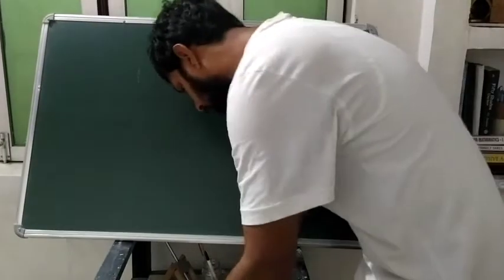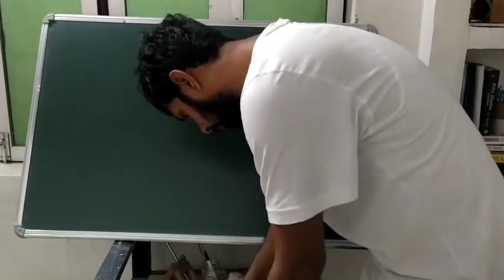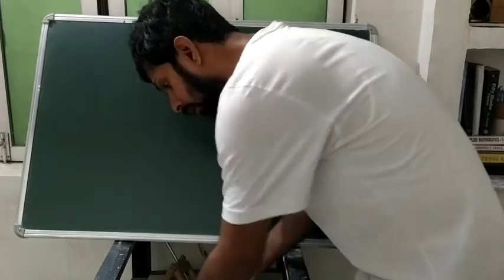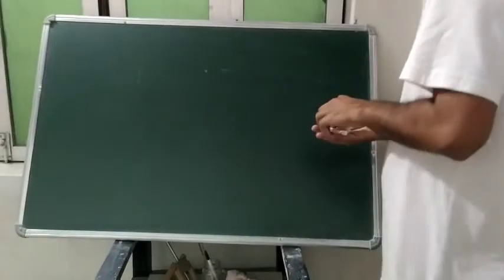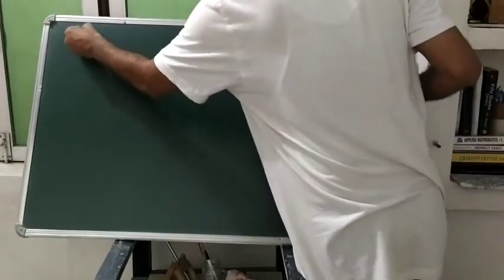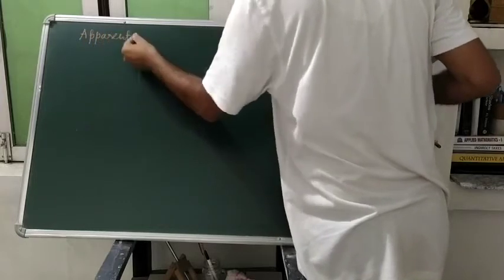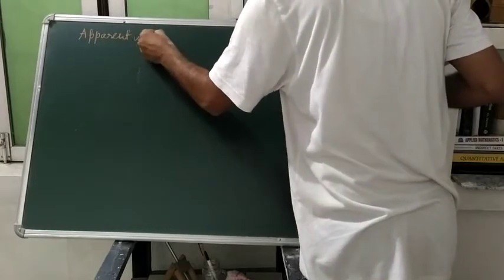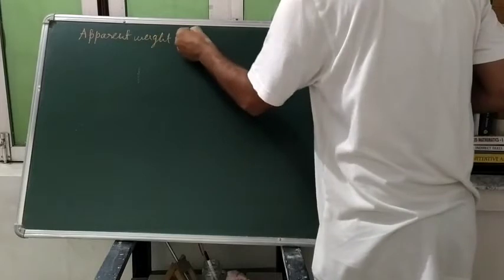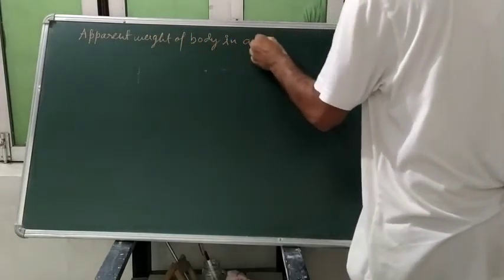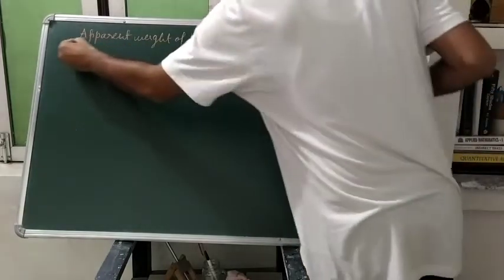So we have seen what our actual weight and apparent weight are, and we are performing a task on the apparent weight of a body in a lift, or elevator you can say.